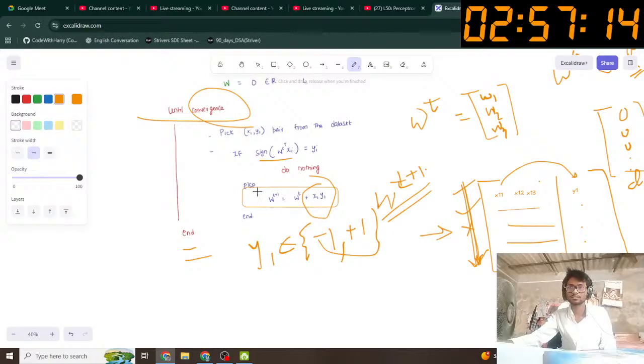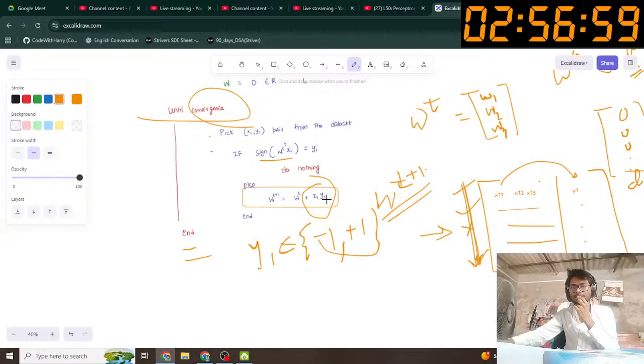This is the reason: let's say if we take 0 and 1, then we aren't able to update this parameter in case of incorrect classification, when this expression is predicting wrongly for 0.